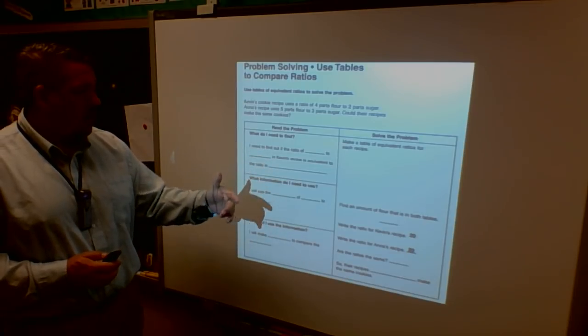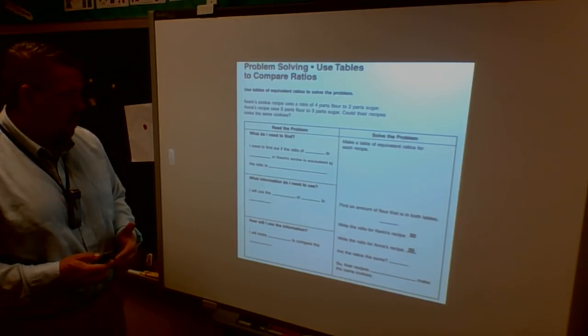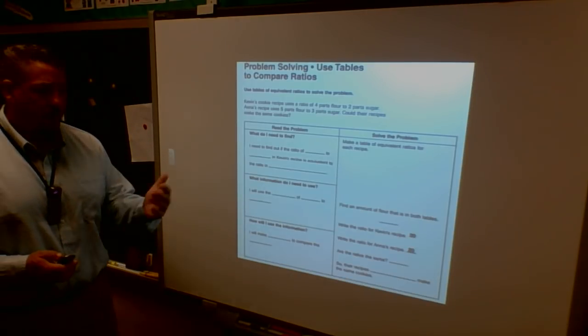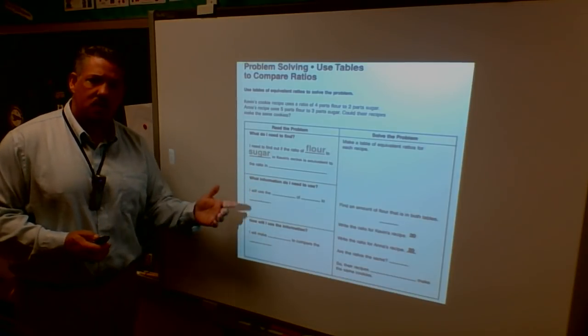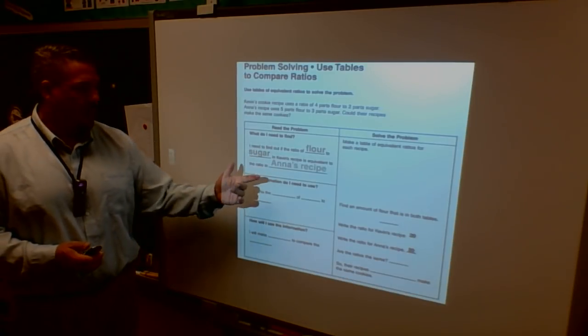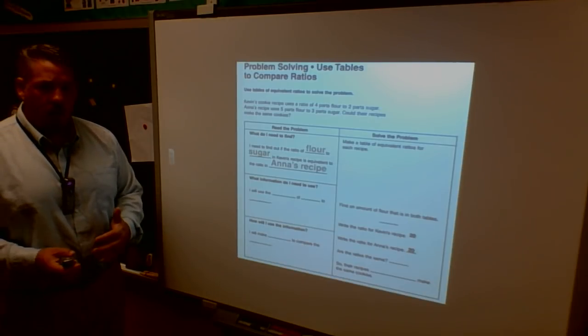I need to find out if the ratio blank to blank in Kevin's recipe is equivalent to the ratio in blank. So we're talking about flour to sugar, right? I have to find out if the flour to sugar ratio is the same between Kevin's compared to what? Well, we're only comparing it to Anna's recipe. What information do I need to use?